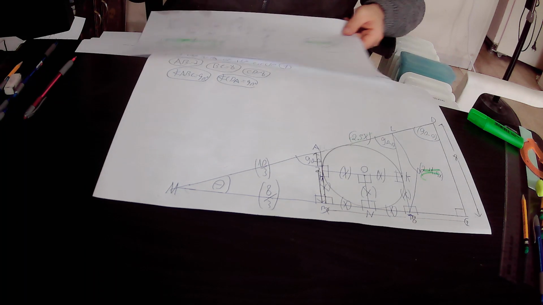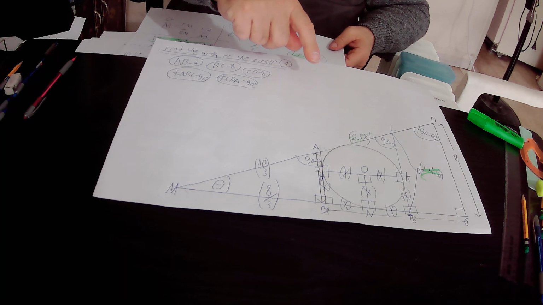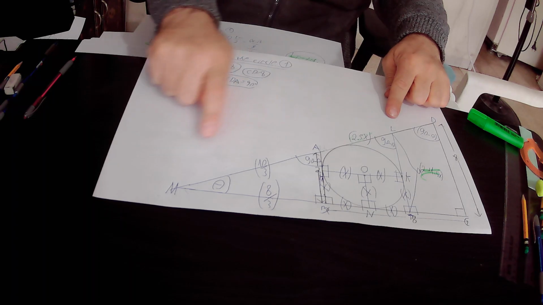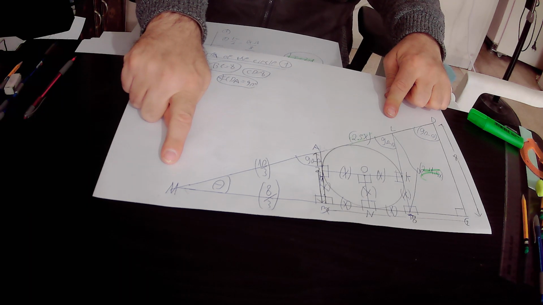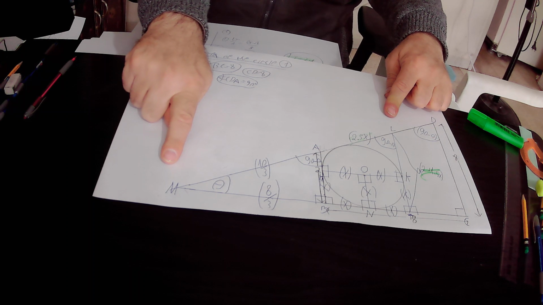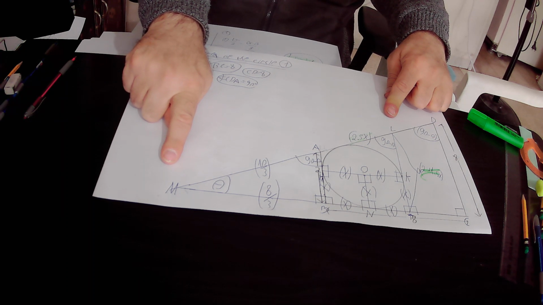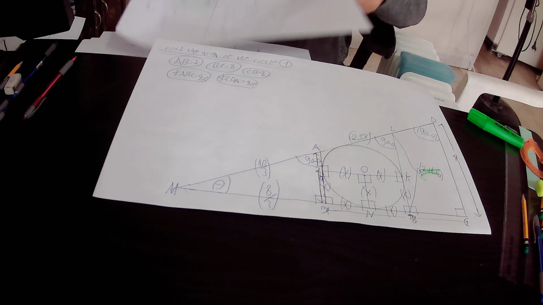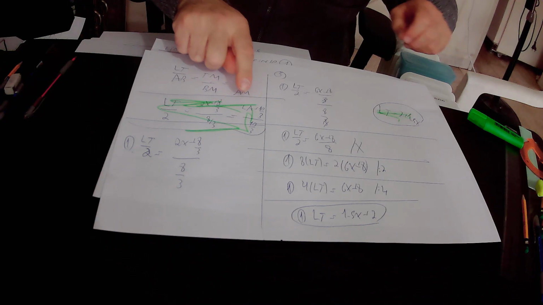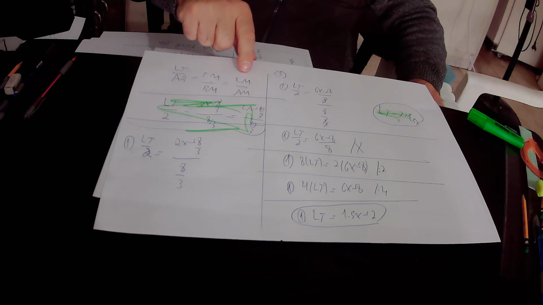And it equals LM over AM. LM equals LA plus AM. That is to say, LM equals LA, that is the missing side, plus AM, that is 10 over 3. So in total, LM equals LA plus 10 over 3, divided by AM.